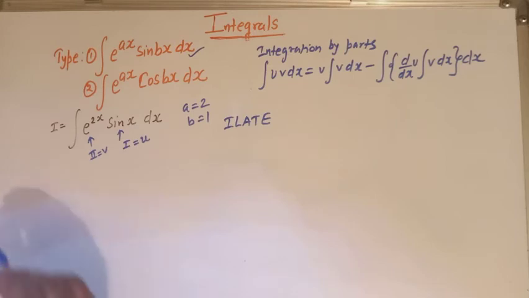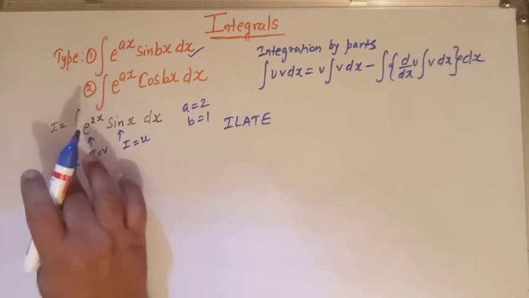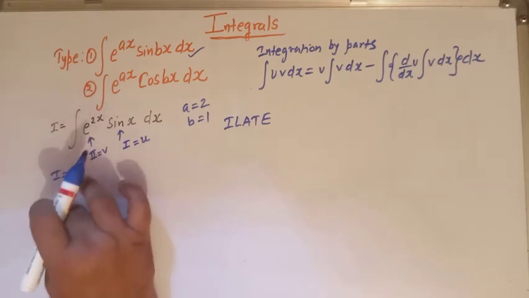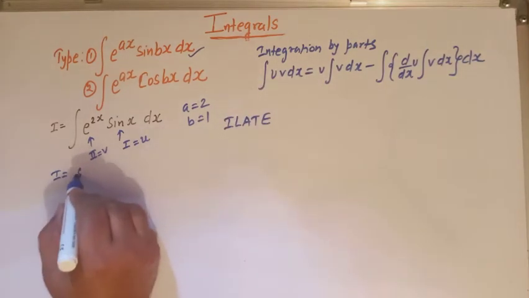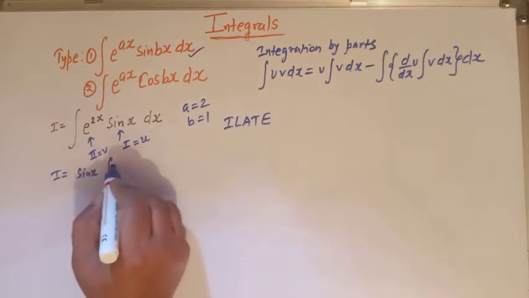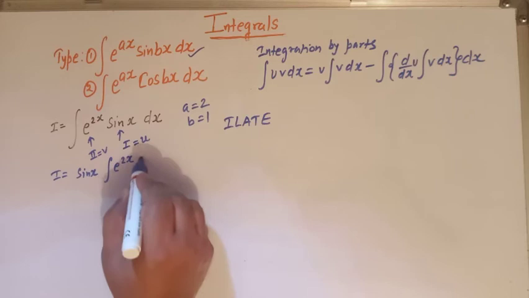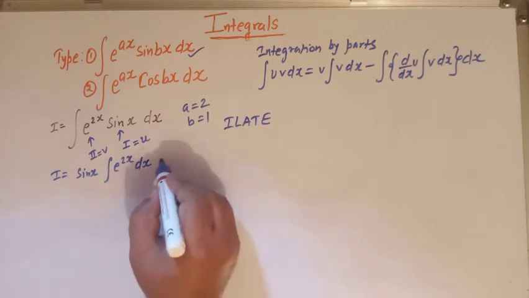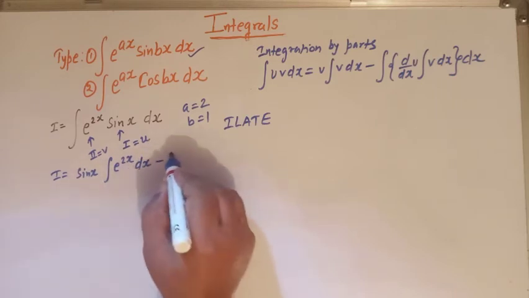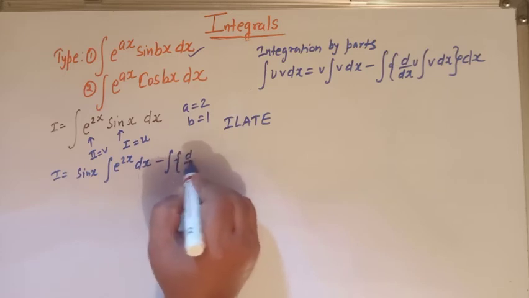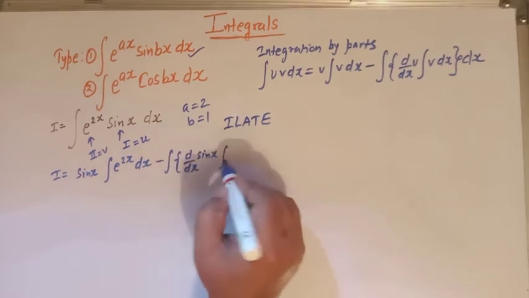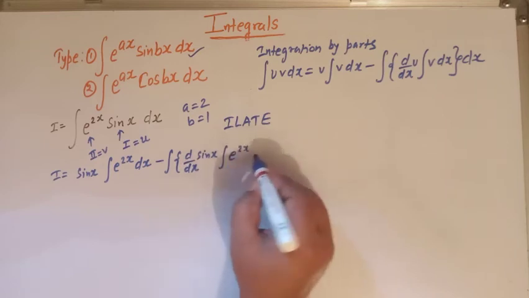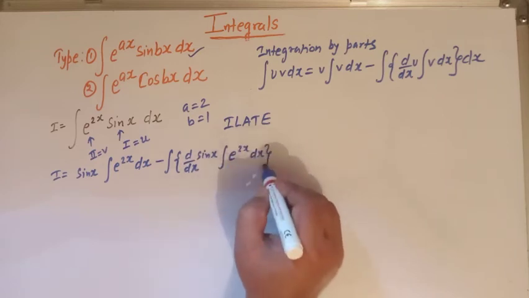So let us integrate. We have I as u first, sine x, times the integral of e raised to 2x, minus the integral of the derivative of sine x times the integral of e raised to 2x, dx.